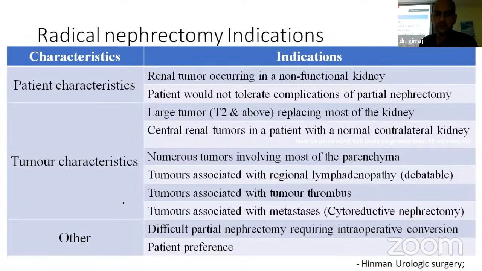Tumor characteristics: numerous tumors involving most of the parenchyma, multifocal tumor, tumor associated with regional lymphadenopathy, renal vein thrombus or IVC thrombus, or metastasis. Also difficult partial nephrectomy requiring intraoperative conversion, and patient preference.